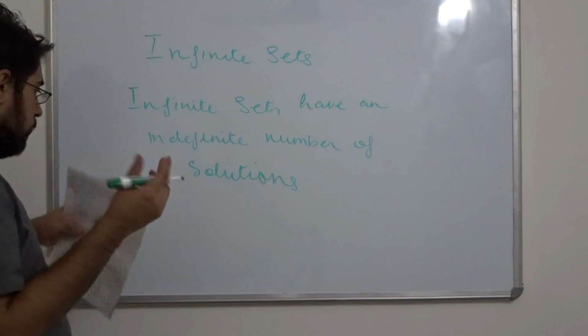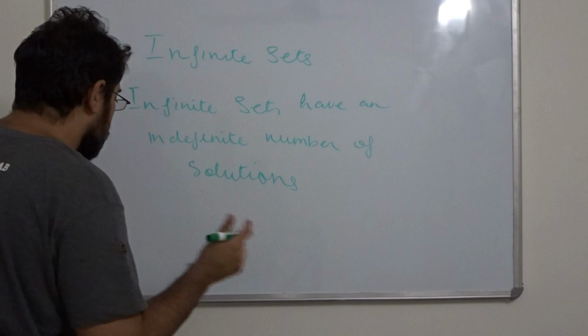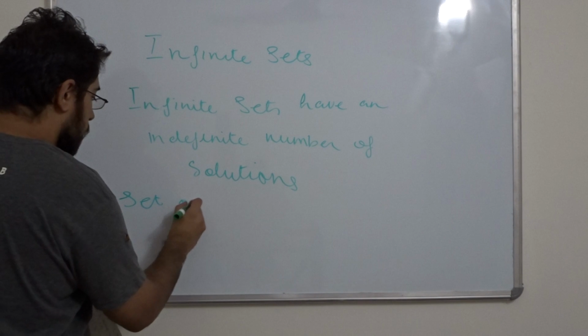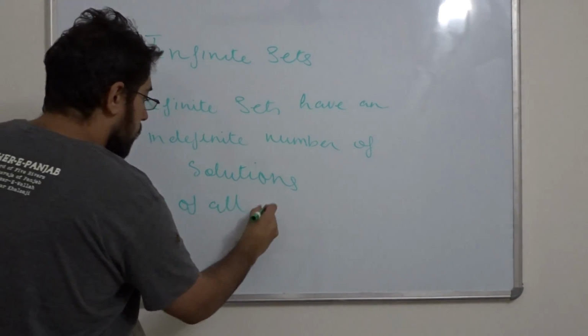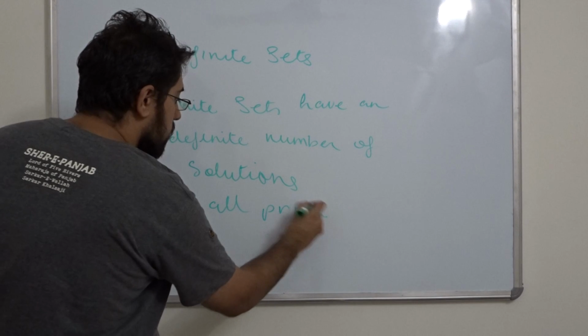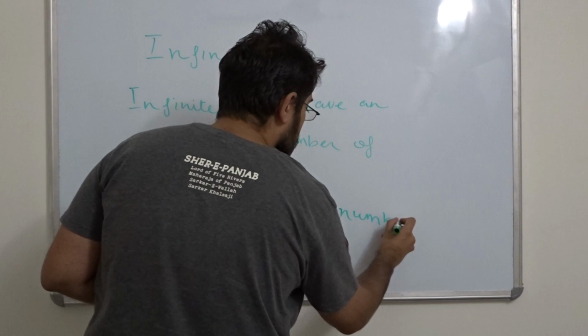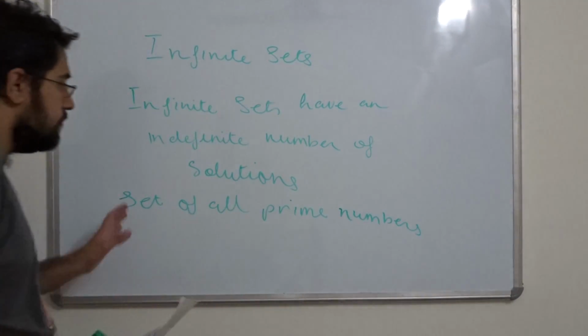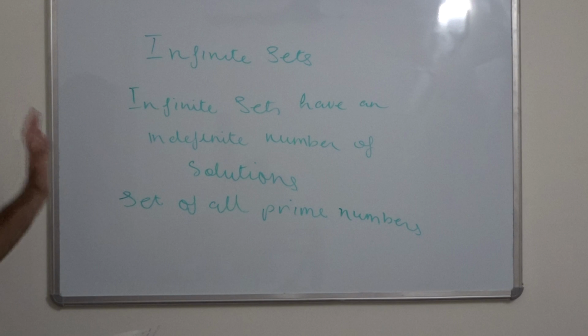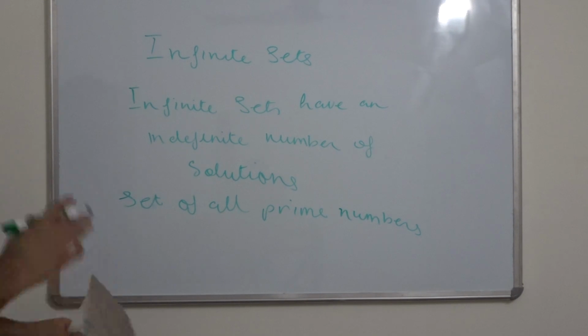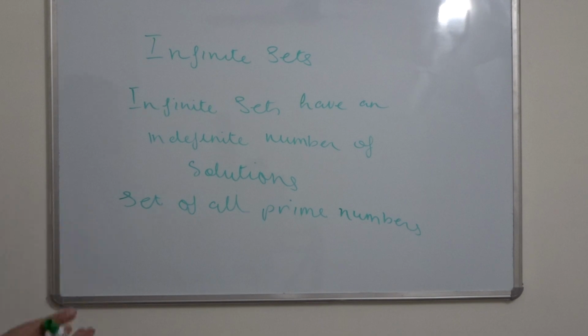So, infinite set. What is an example? The best example, guys, is the set of all prime numbers. It is an infinite set, because we still are not able to count how many prime numbers there are in total.